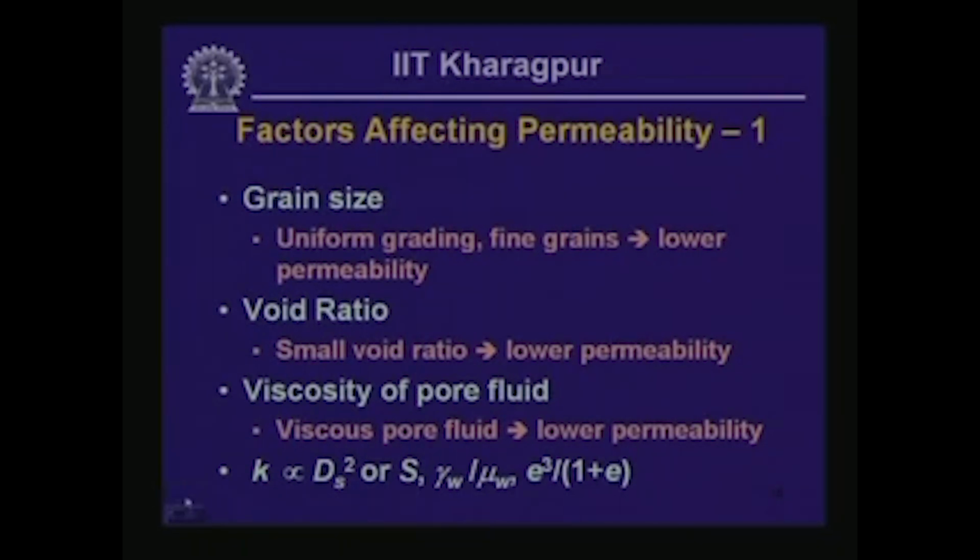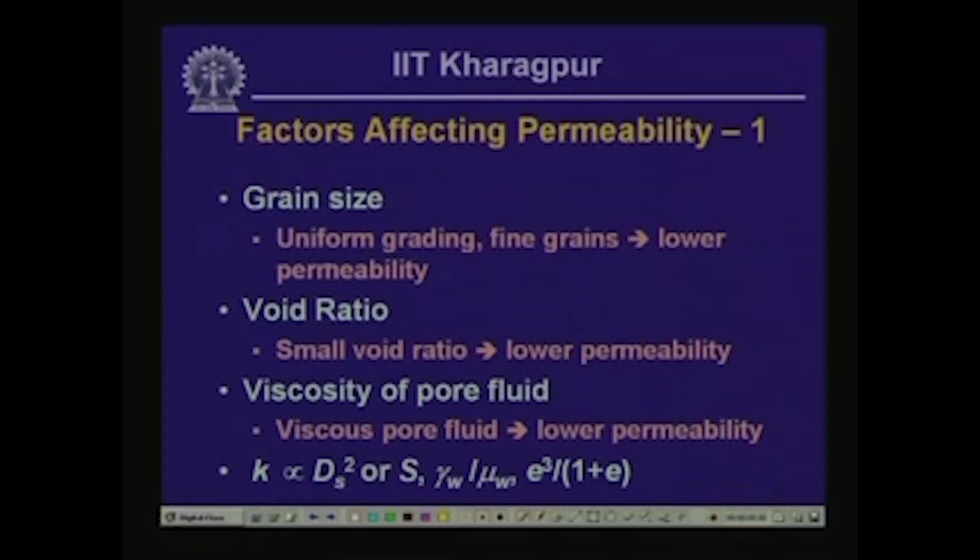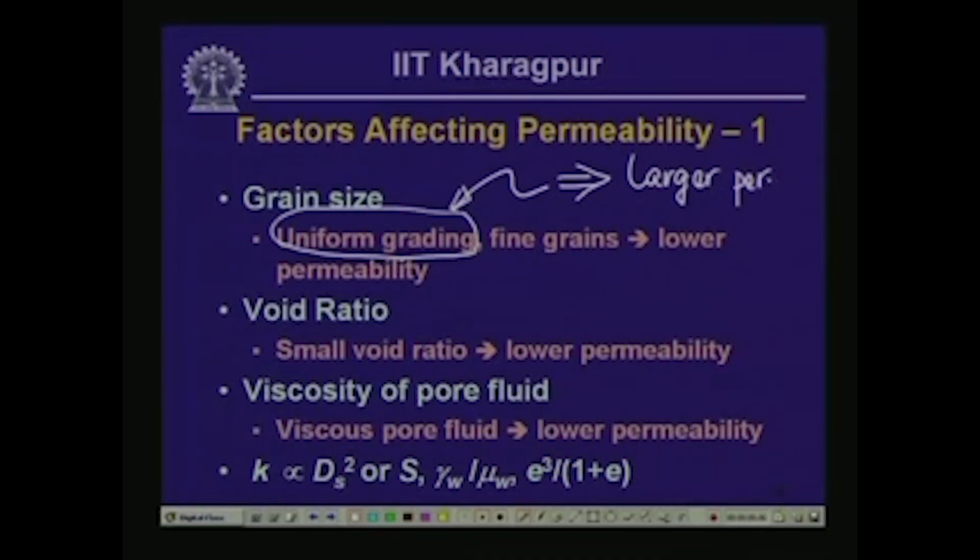so here actually I need to make a correction. In fact, uniformly graded soil will have larger permeability, and if you have got fine grained soils on the other hand, the void spaces are going to be very fine.